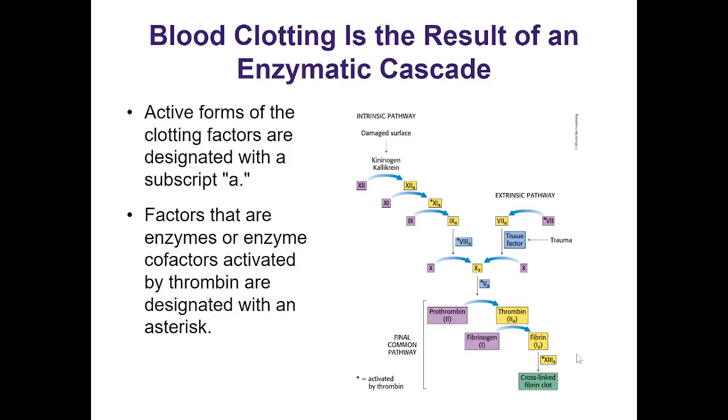So for the extrinsic, the tissue factor causes factor 10? You need both. You need factor 7 and tissue factor, and then that's going to cause factor 10 to be activated.